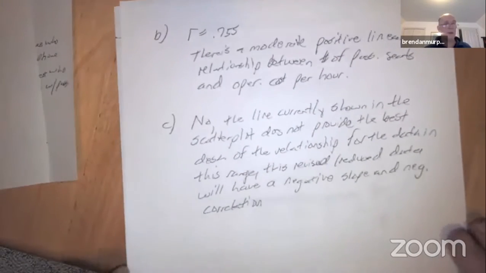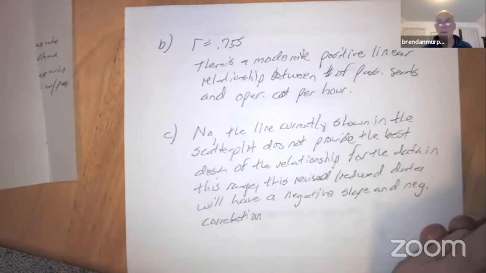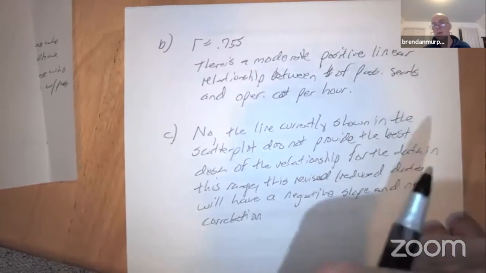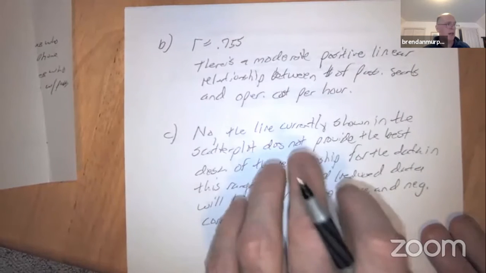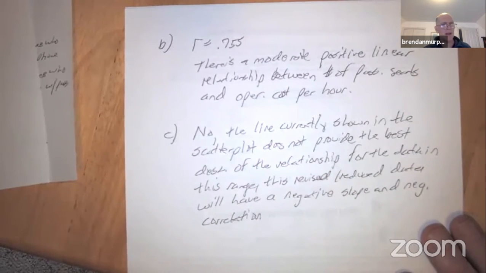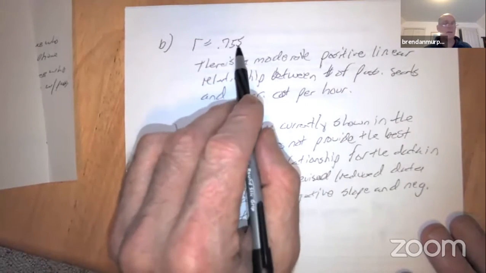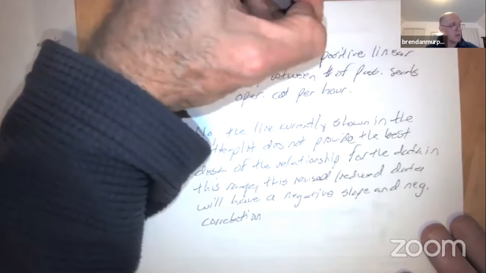This year's exam is going to be calculator agnostic, meaning if you have one, you can use it, great. If you don't have one, you're probably going to be fine. And Luke and I, when we're writing our problems, will try to make them not much calculator, if at all. So I said r is 0.755. And then I really want to think about my three components: linear, strength, and direction.